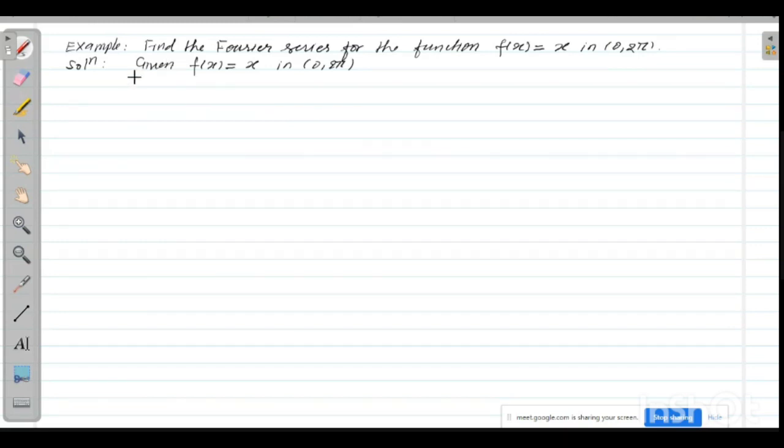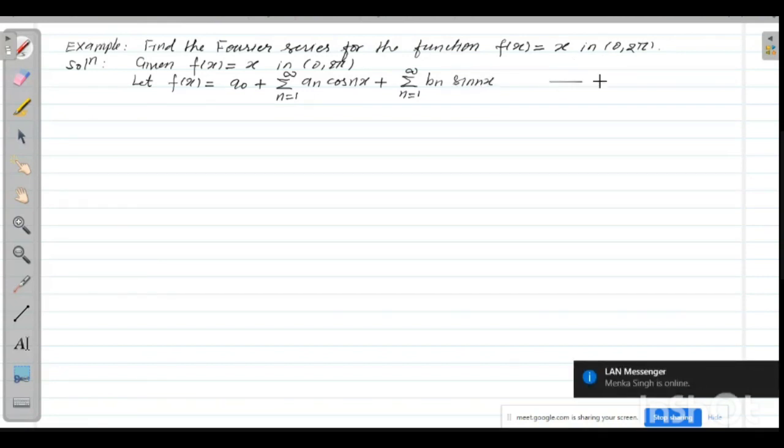So let f of x equal to a naught plus summation running from n equal to 1 to infinity a n cos n x plus summation running from n equal to 1 to infinity b n sin n x, and name this equation number star.